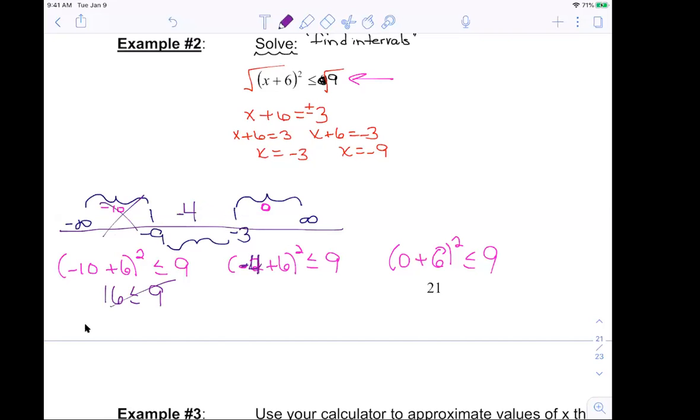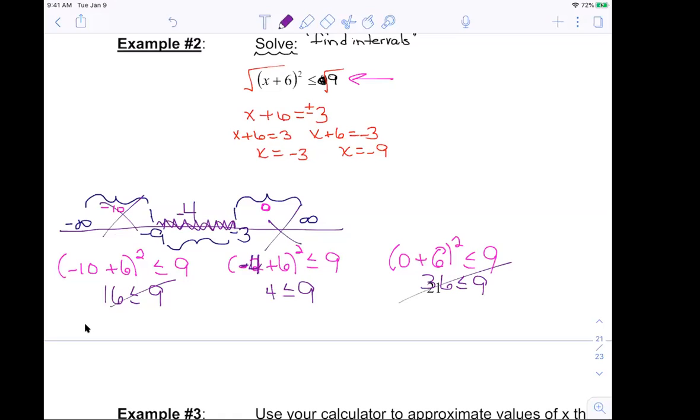So in plugging in a -4, because it needs to be in the interval, we get 2 squared, which is 4. And as far as I know, 4 is less than or equal to 9. So that means this part is good to go, that middle area there. And then on the last one, we have 6 squared because we plugged in a 0. 36 is not less than or equal to 9. That one doesn't work either.